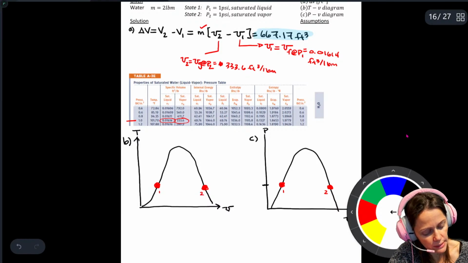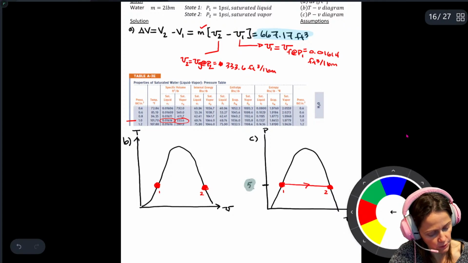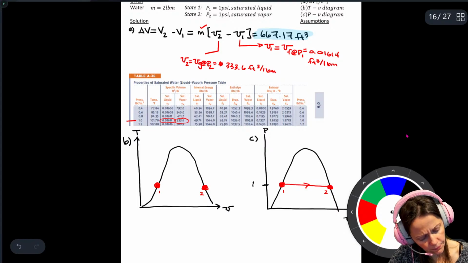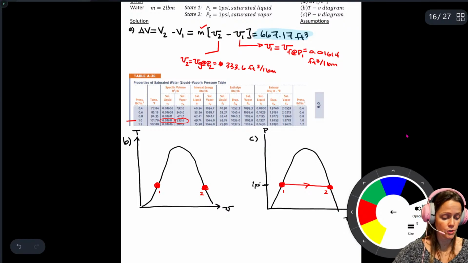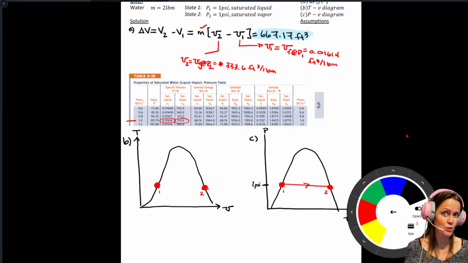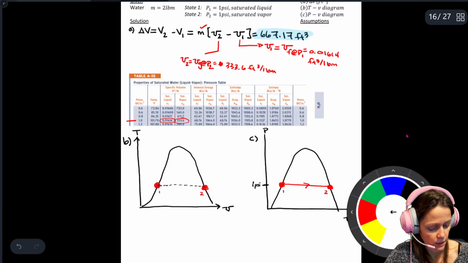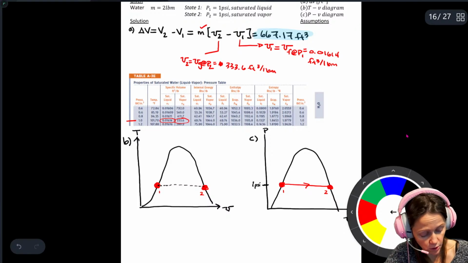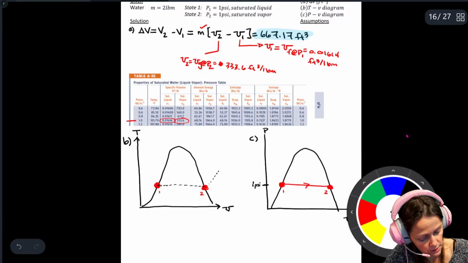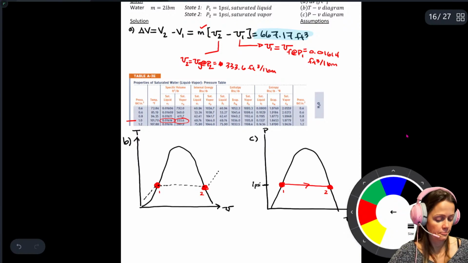Now over here, it's easy to see why this guy goes in a straight line. It's 1 psi. It's pretty easy to see why it goes in a straight line there, because the line of constant pressure is just going to be straight across. For the TV diagram, maybe it's not so obvious until you remember that lines of constant pressure go like this, right?